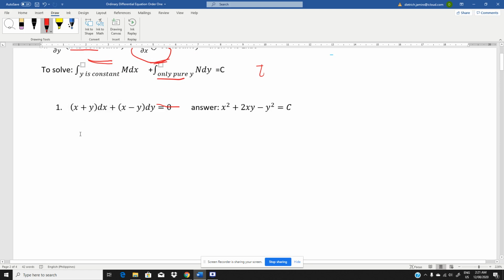For example number 1, we have the quantity x plus y dx plus the quantity x minus y dy is equal to 0.